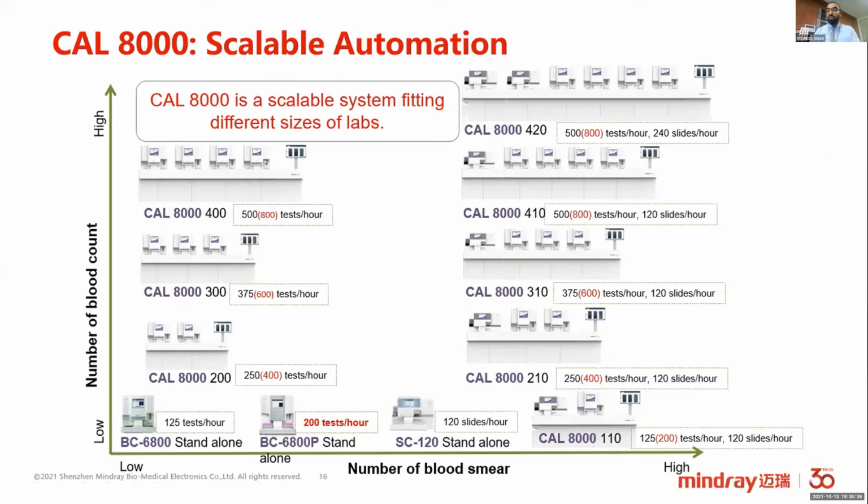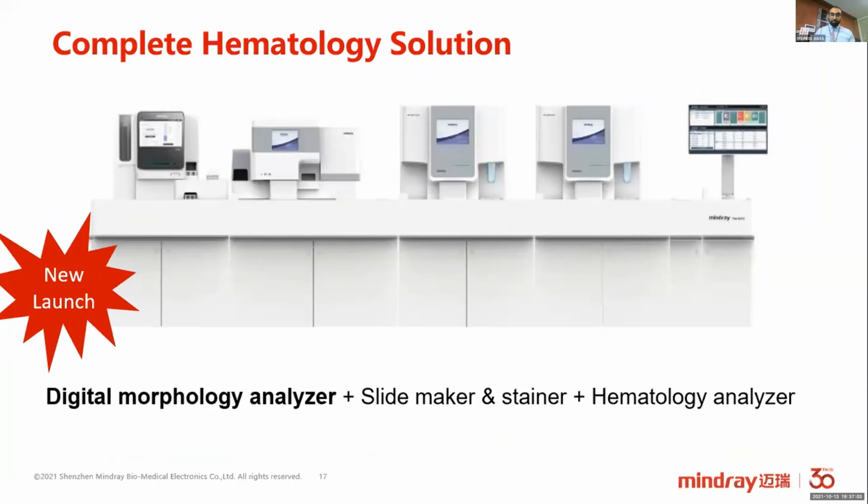So that means 800 samples per hour as a throughput, and 2 machines as a maximum for the slide maker. So that means 240 slides per hour. This is the maximum that we can see. As you can see here, it is scalable, so we can switch it and extend it. It depends on the need of the customer.